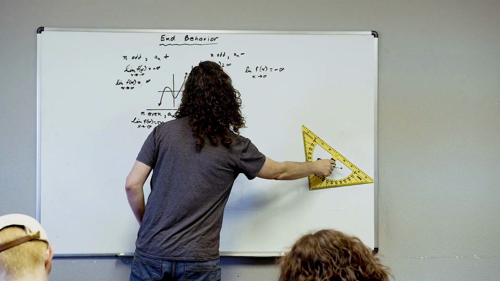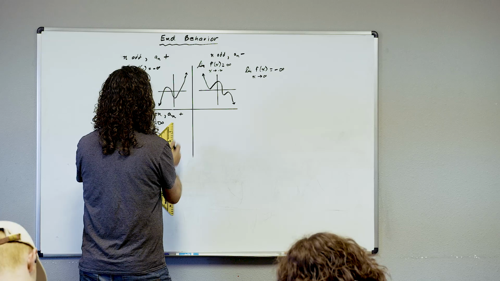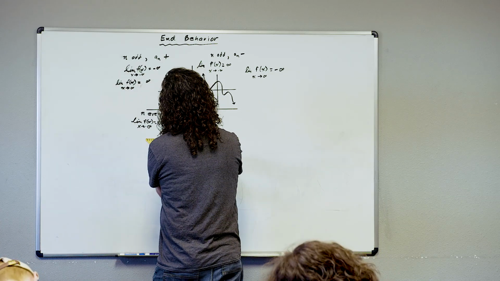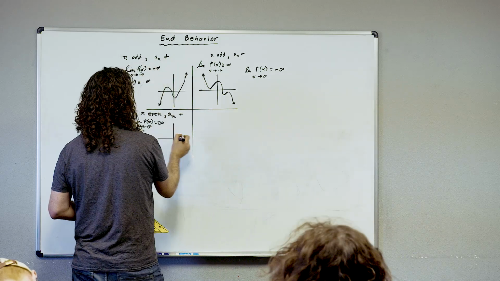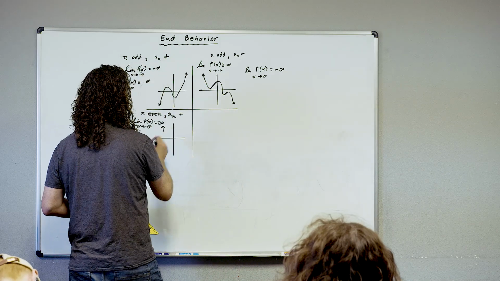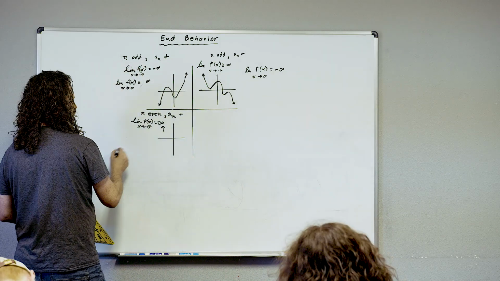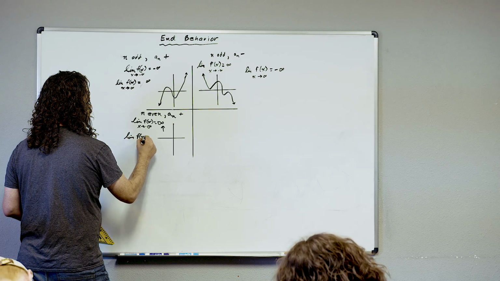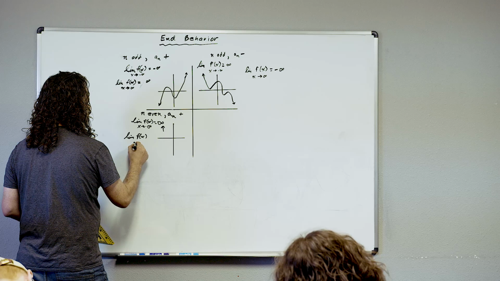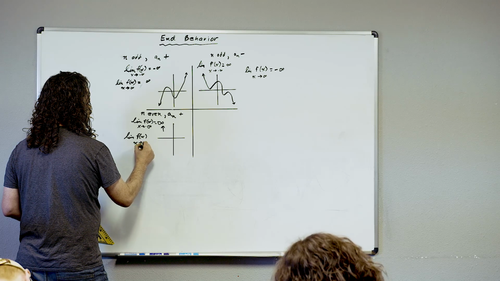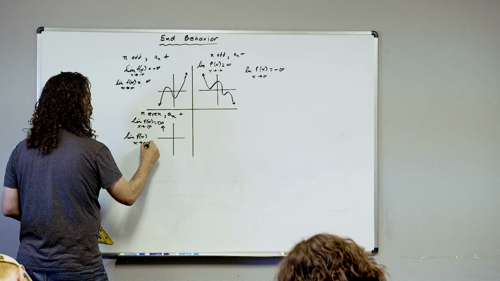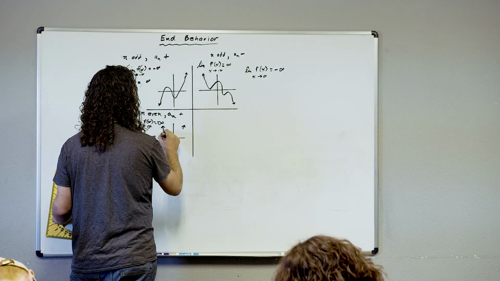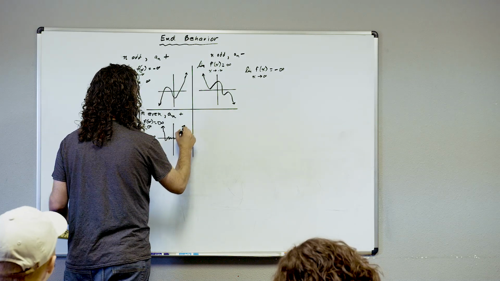So as we're building this little graph, that means as we go to the left, it's going up. And as x approaches positive infinity, the limit is also positive, so it's also going to be going up. And in the middle, something's happening. We don't know.